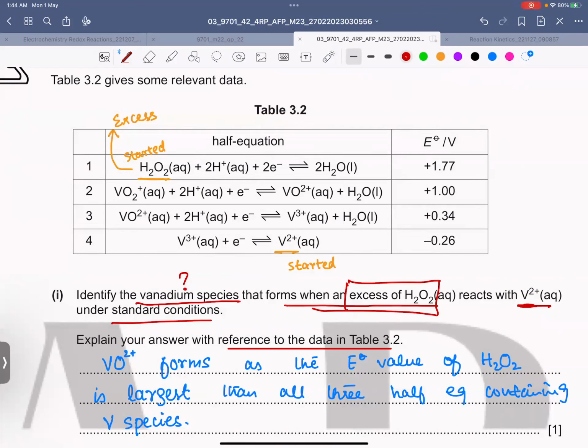So what would happen is that its value is greater, greatest or largest among all. So due to this, in the first stage, it oxidizes this V2 positive into V3 positive. Is this clear? Yes.